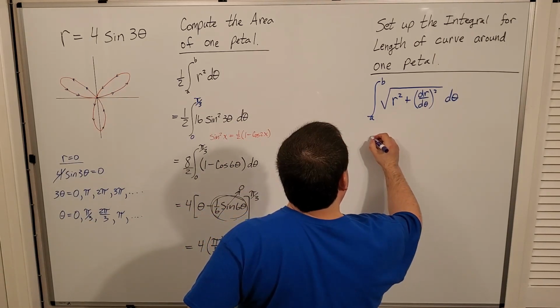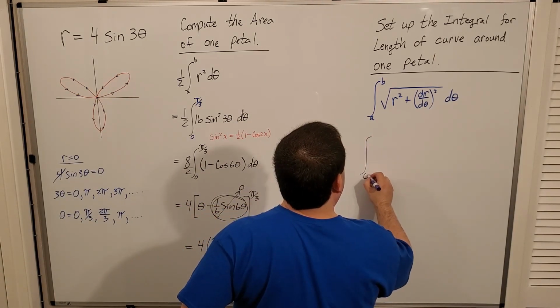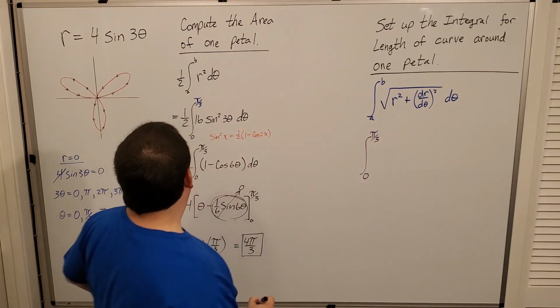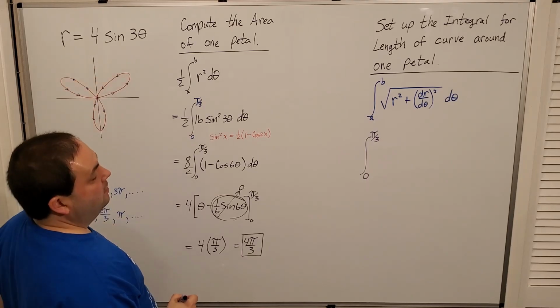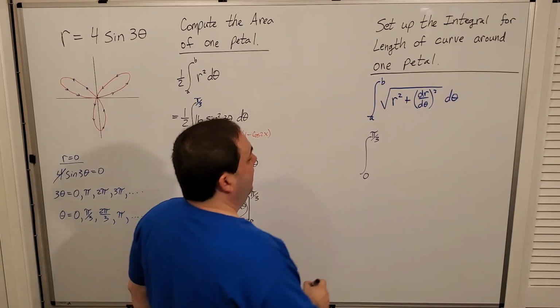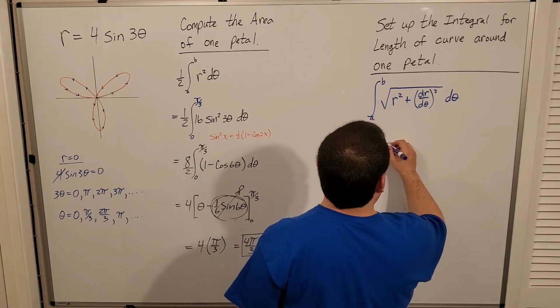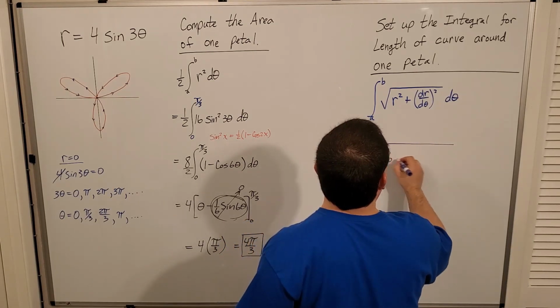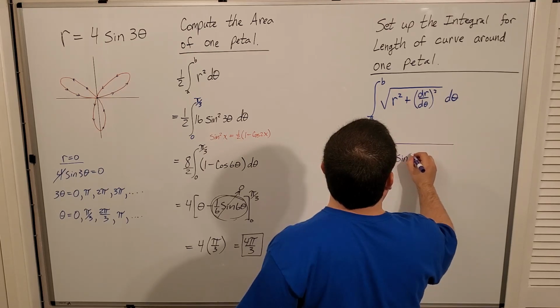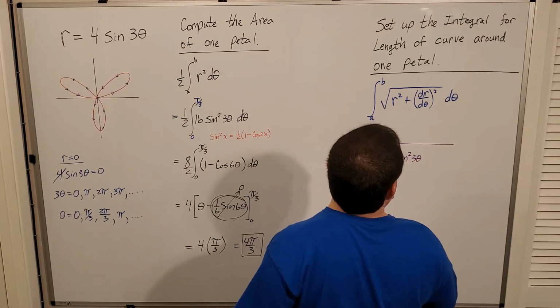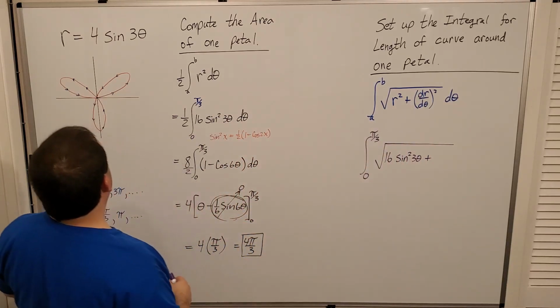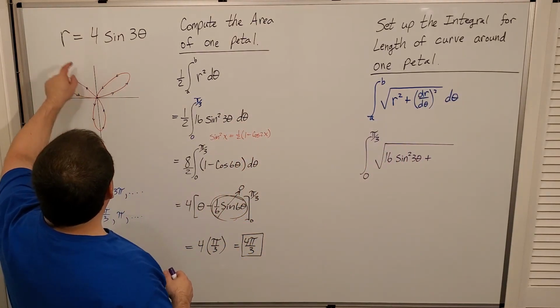So then I have the integral for one petal we've already established is from 0 to pi over 3. It's going to go around the edge of this curve here. And then I'm going to have the square root of r squared, so that's 16 sine squared 3 theta, plus now dr d theta. I'm going to take the derivative here.